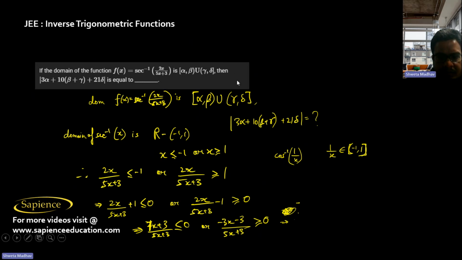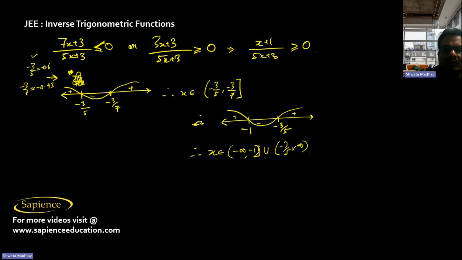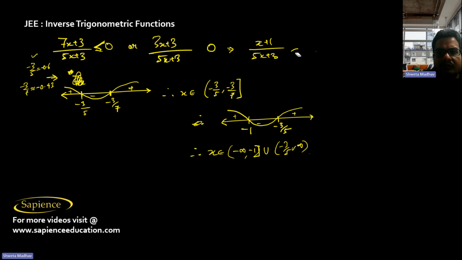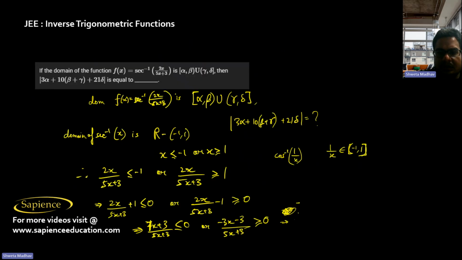But this should be greater than 1, which means it should be less than 0, so we have to take only the negative part here. Since here it was minus of 3x plus 3, or minus 3 into x plus 1 by 5x plus 3, that is more than 0.